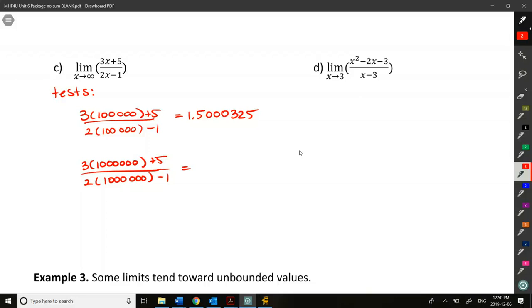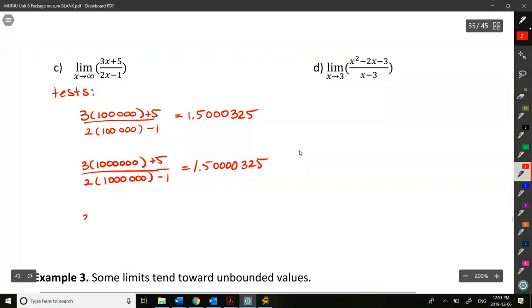Who's got their calculators out today? I don't see a lot of calculating happening. Okay, what do we get? 1.5000325. Okay, so we can probably guess what happens when we do like 1 billion, right? Let me guess, 1.5000325. 1 billion? 9 zeros?